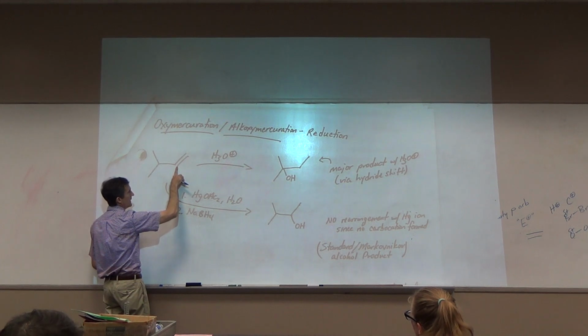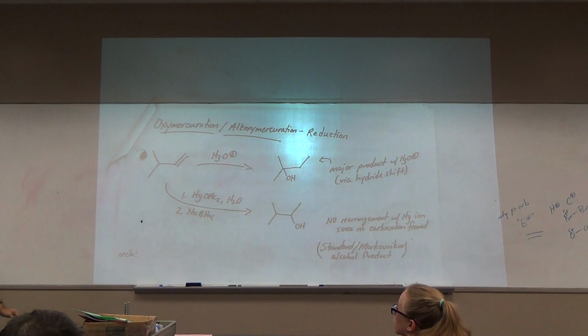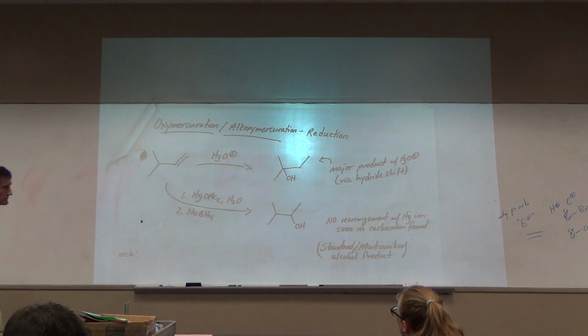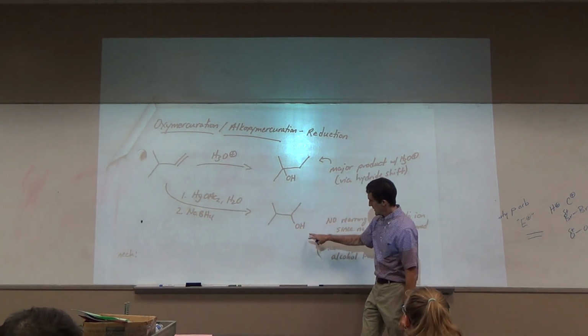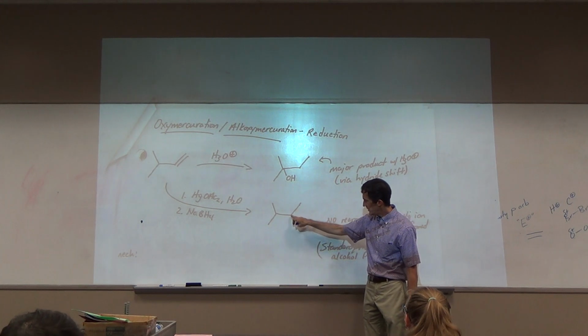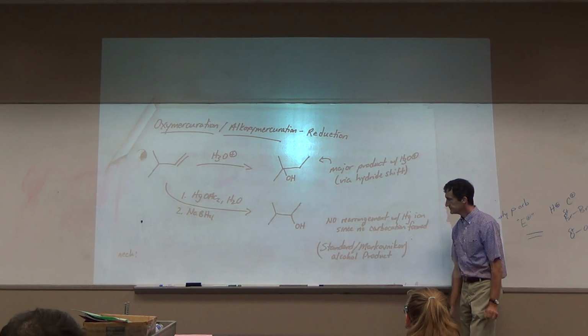Left. And the oxygen ends up where the cation would be, without a rearrangement. That's sort of your outcome. Nucleophile on the carbon where the cation would be is called the standard or Markovnikov product.